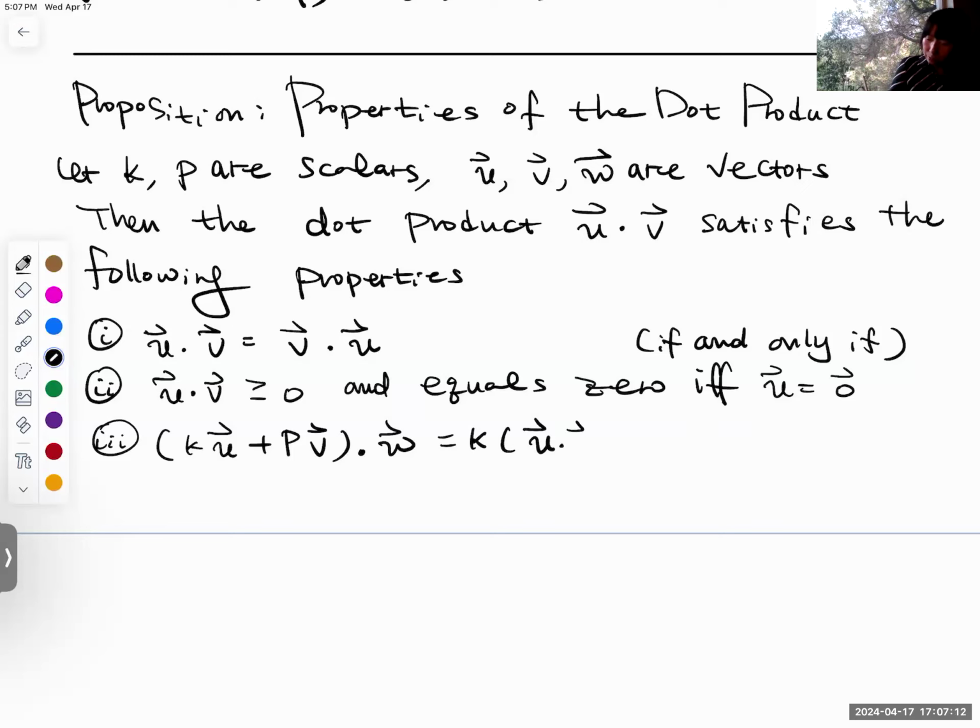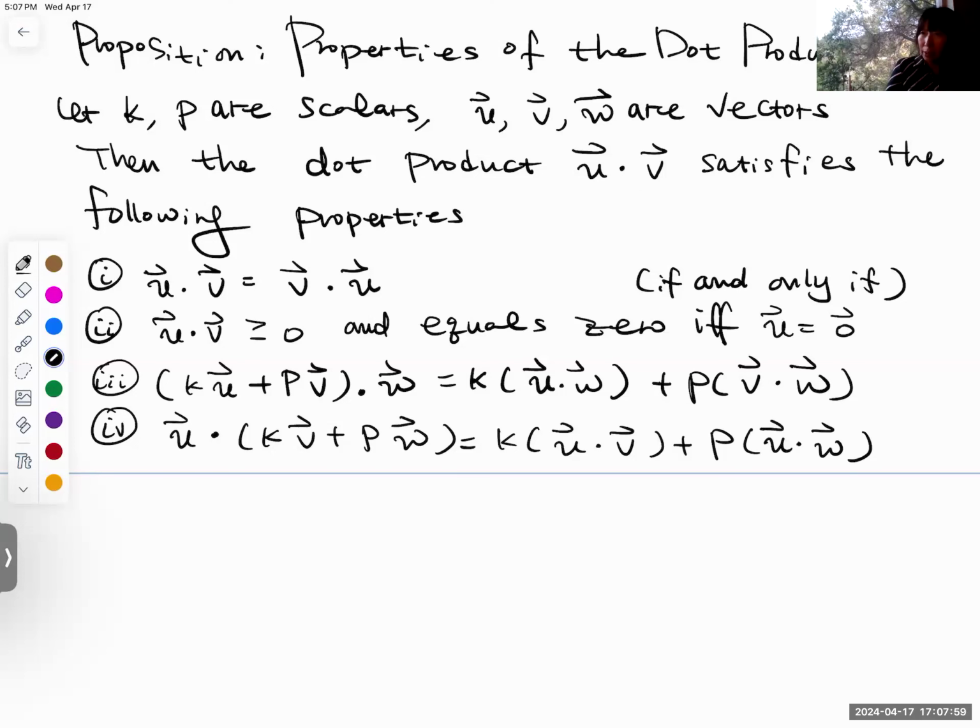Next, we have U dot kV plus pW. Then we can do this way and this way, right? But then we make a dot product with a vector, all right? So that will be k times U dot V plus p, which is a scalar, times the dot product of U and W, right?